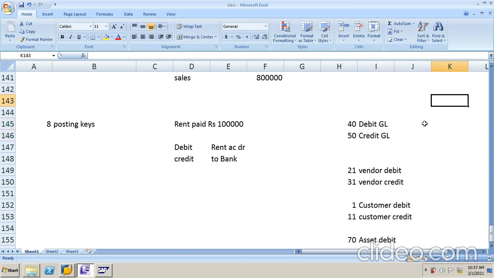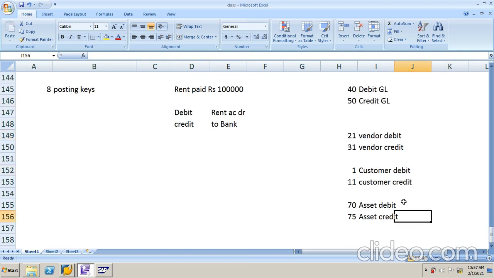These are related to GL, accounts payable, accounts receivable and asset accounting.